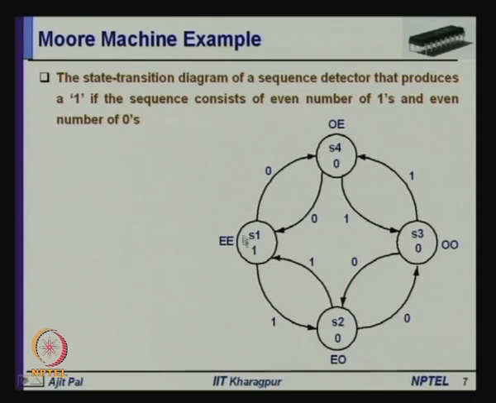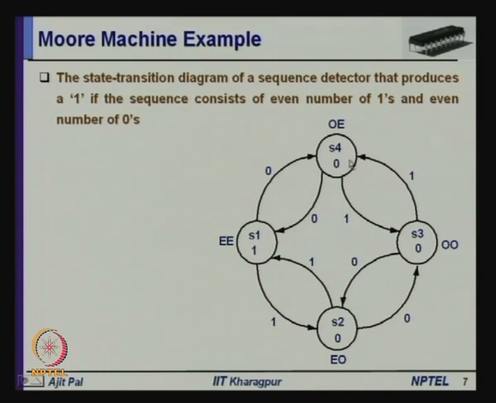So, it is in state S1, and from here, whenever a 0 comes, it goes to state OE, odd zeros and even ones, and if a 0 comes again, it comes back to S1, because it now has an even number of zeros. So, it produces a 1 if that is the end.